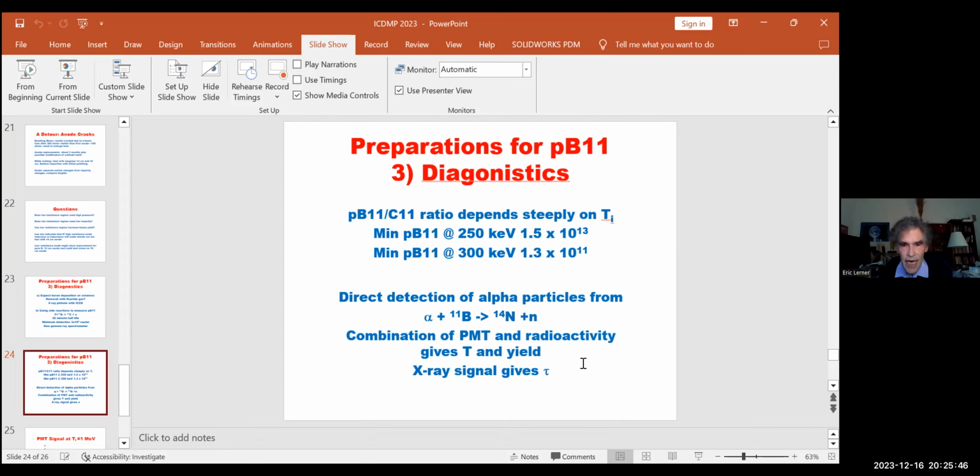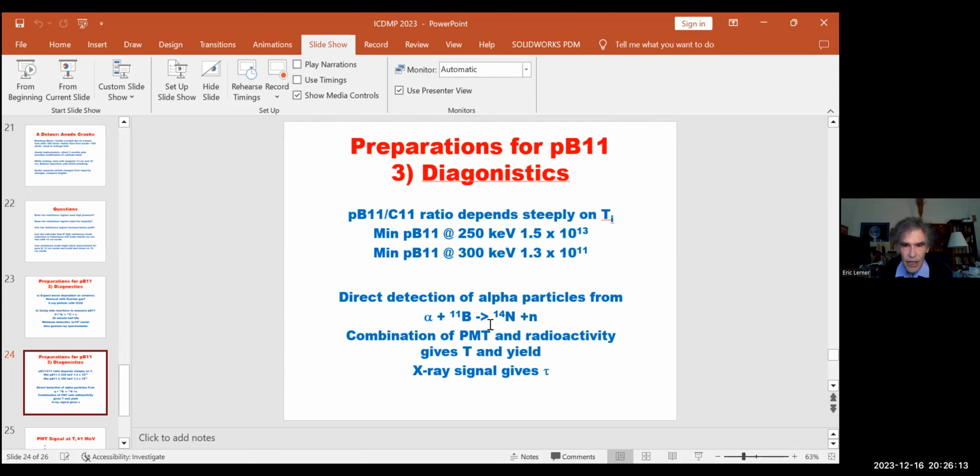So there is another mode for detecting these secondary neutrons, which is the direct detection of the alpha particles that are produced by the PB11 reaction, reacting again as they slow down with the boron 11. So that also produces ordinary nitrogen and a neutron.